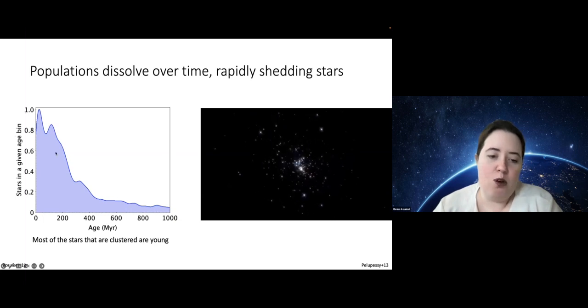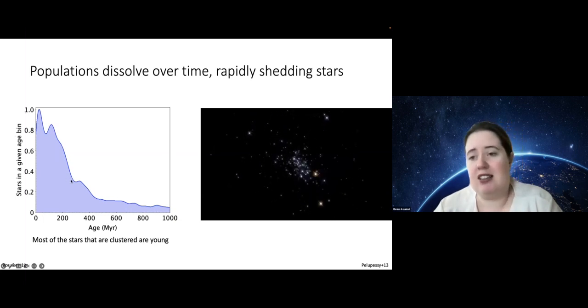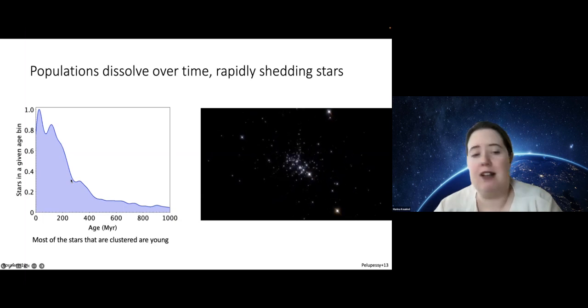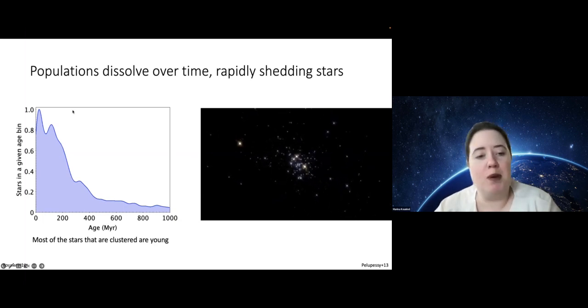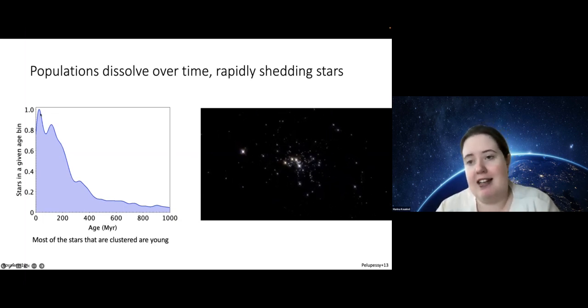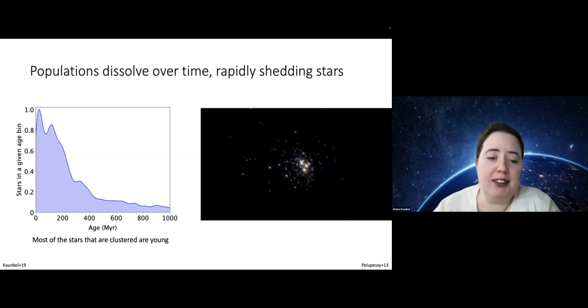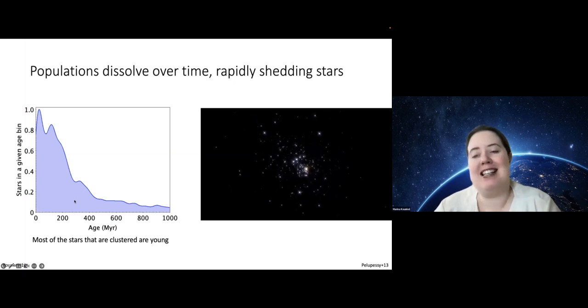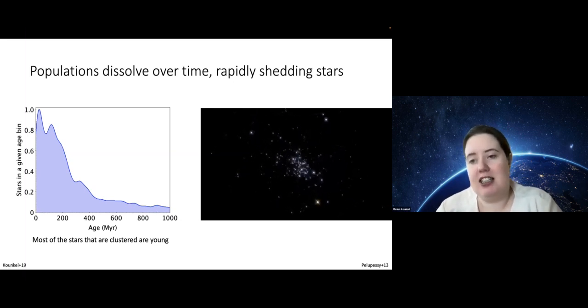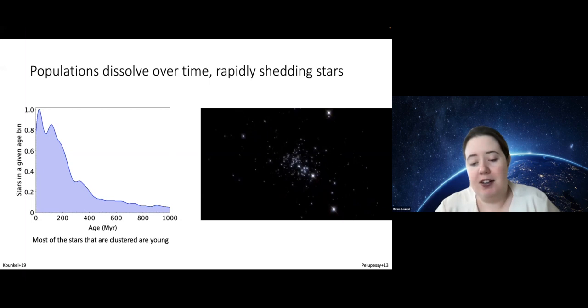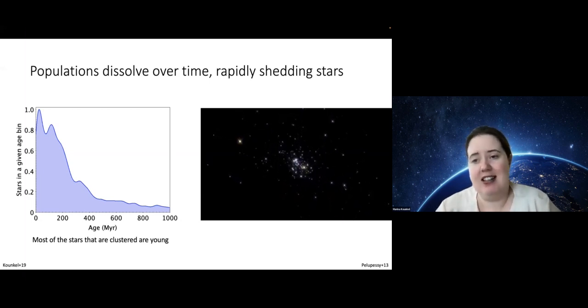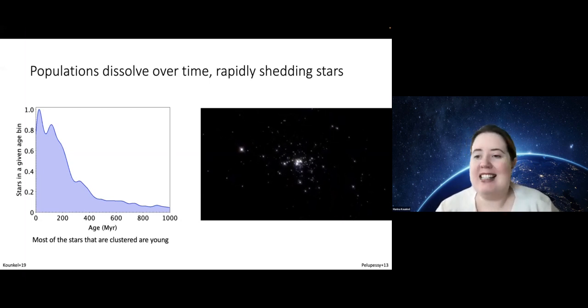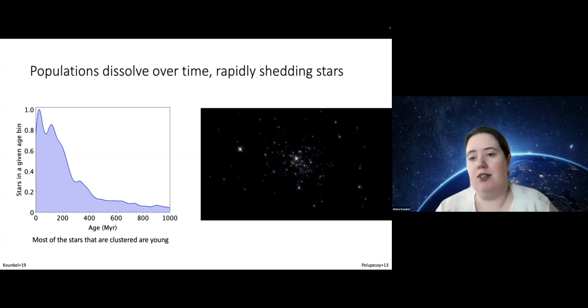And after you orbit around the galaxy once, well, if you assume that you had a uniform star forming history, where at every single age you're forming approximately the same number of stars, you only have a handful of populations still left over. And the ones that are recovered at these ages, you only see the densest parts of them.